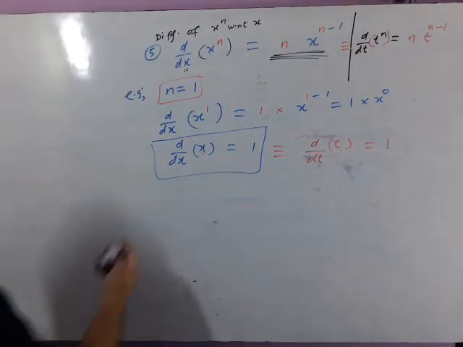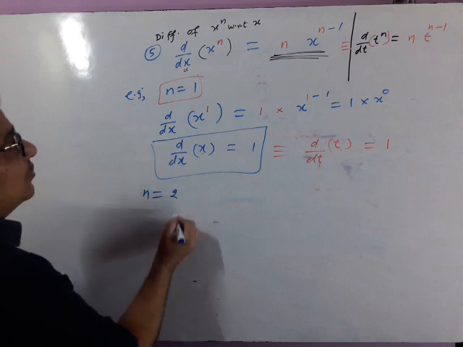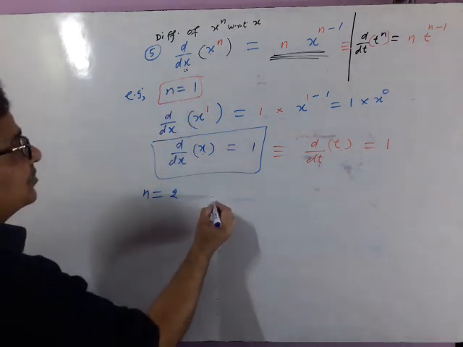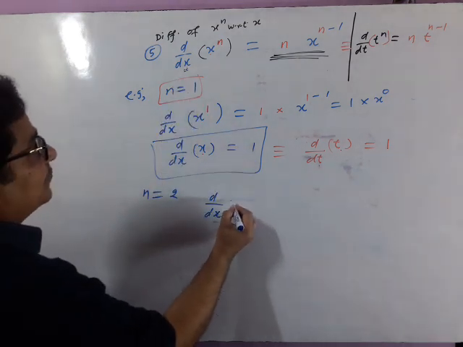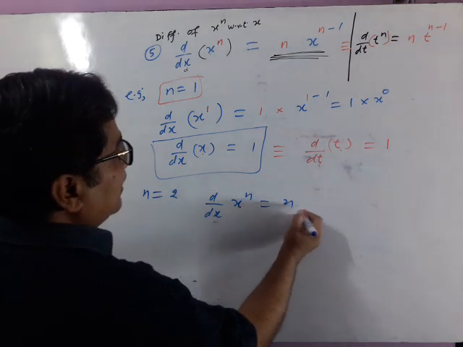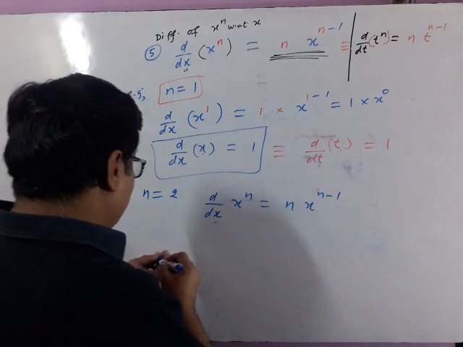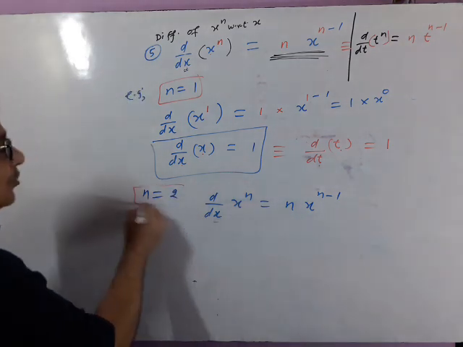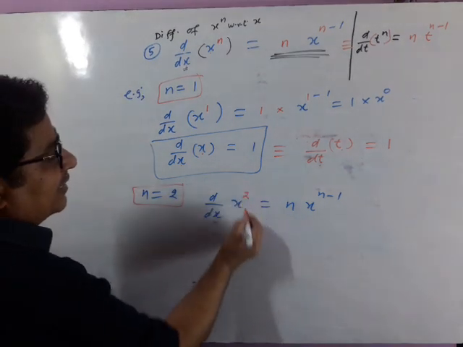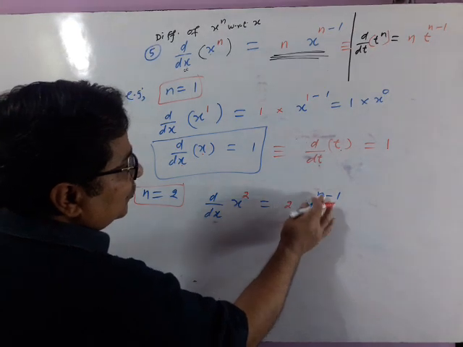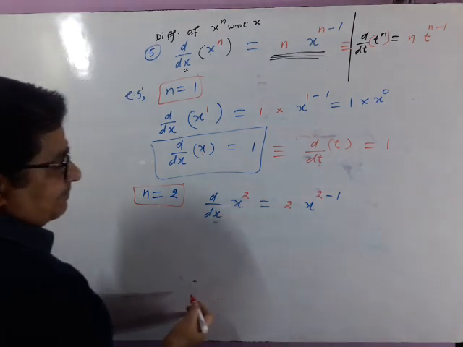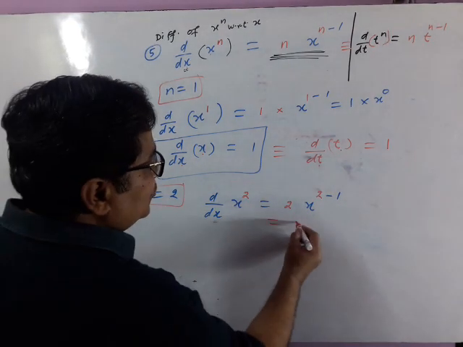Now input n is equal to 2. In the same expression, dy/dx of x raised to the power n, remember this formula, is n x raised to the power n minus 1. Now we will input 2 in place of n. 2 here, then in the answer also 2, and 2 minus 1. So you will see it is 2x.